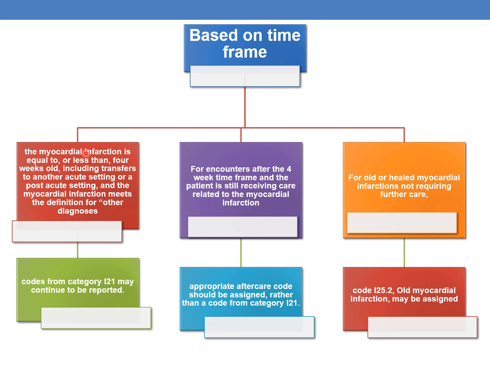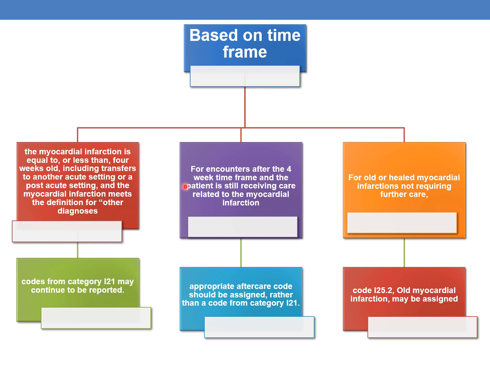In this case, whenever it is less than or equal to 4 weeks old, then the codes from the category I21 may be continued to report. You can report the codes from the category I21 whenever the myocardial infarction is equal to or less than 4 weeks old.